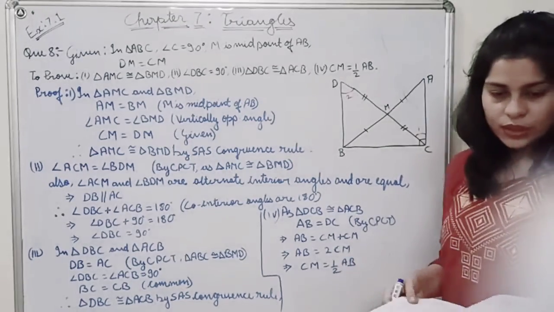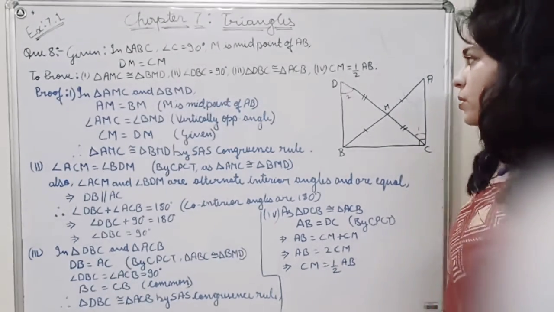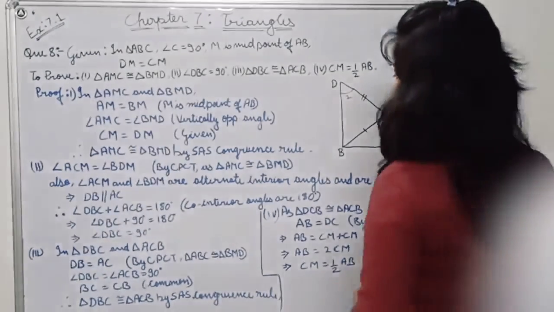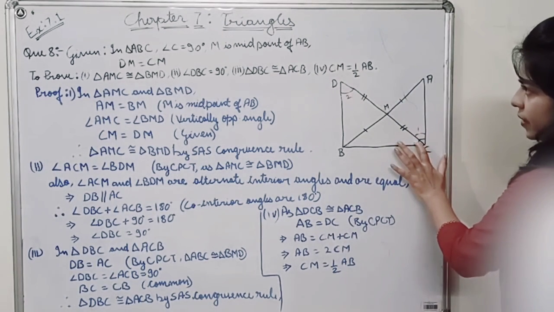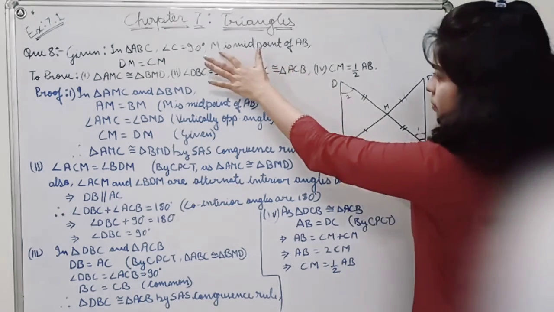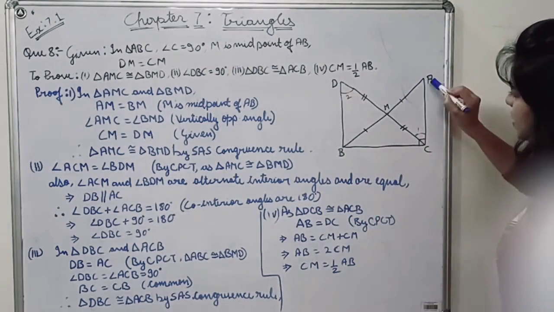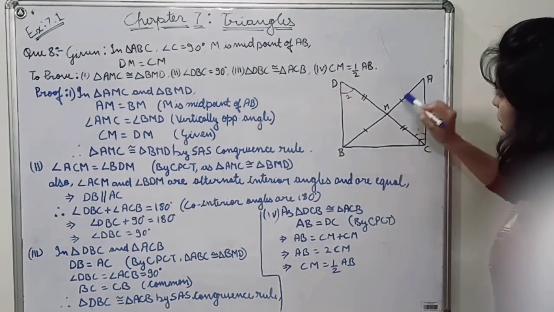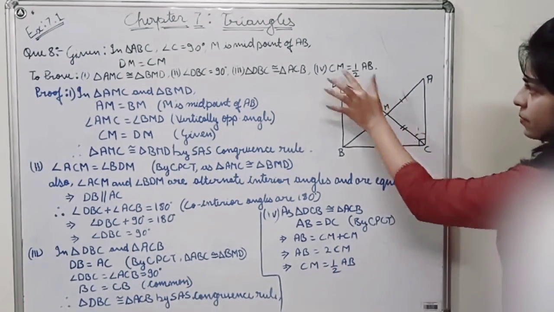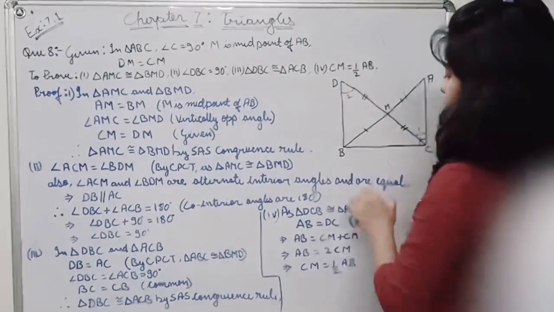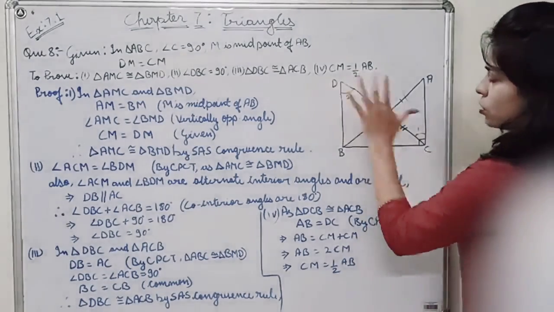Now first of all we will write what is given in the question. We are given that in triangle ABC, angle C is 90 degrees. M is the midpoint of AB. It means AM is equal to BM, because M is the midpoint of AB. Further, CM is equal to DM.